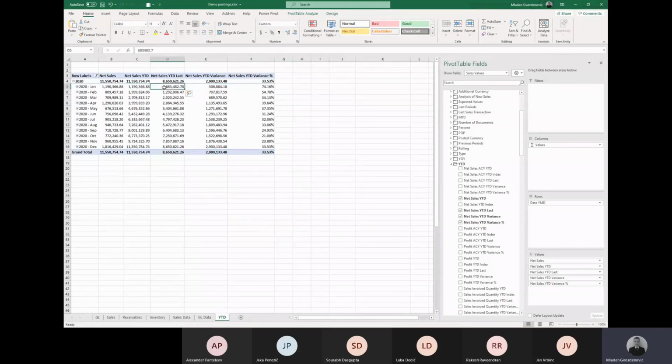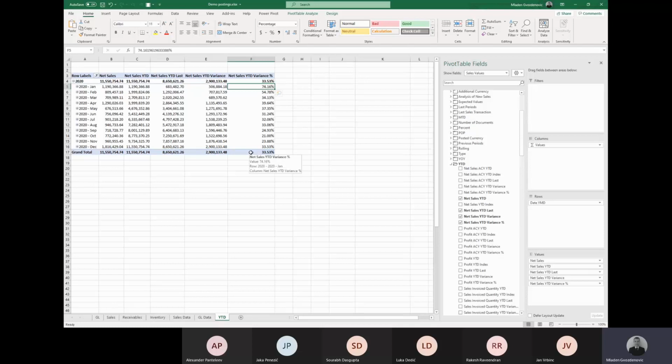So I have 6,000 or 7,000 here, 1.2 million, 500 is difference. And year to date variance, what is this 70%? Variance means if variance is 0, then I'm on the same level. If variance is positive, then I'm growing. If variance is negative, then I'm going down. So I have this information here.